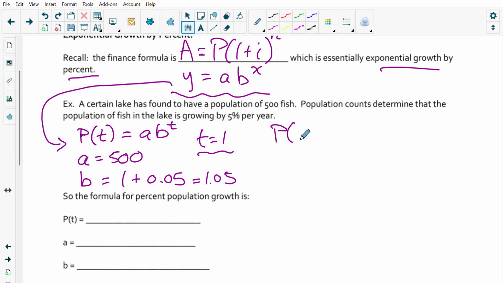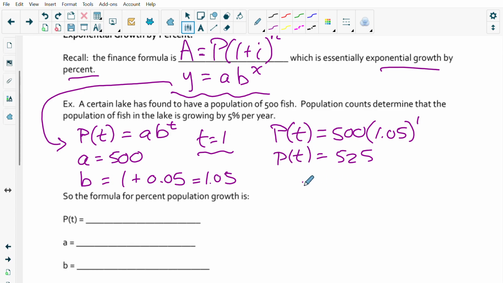So if I plug everything in, population as a function of time equals 500 times the growth rate, which is 1.05 to the first, and that is 525. That should make sense because we start with 500, then we add 5% of that, which is 25, and that's 525 fish.